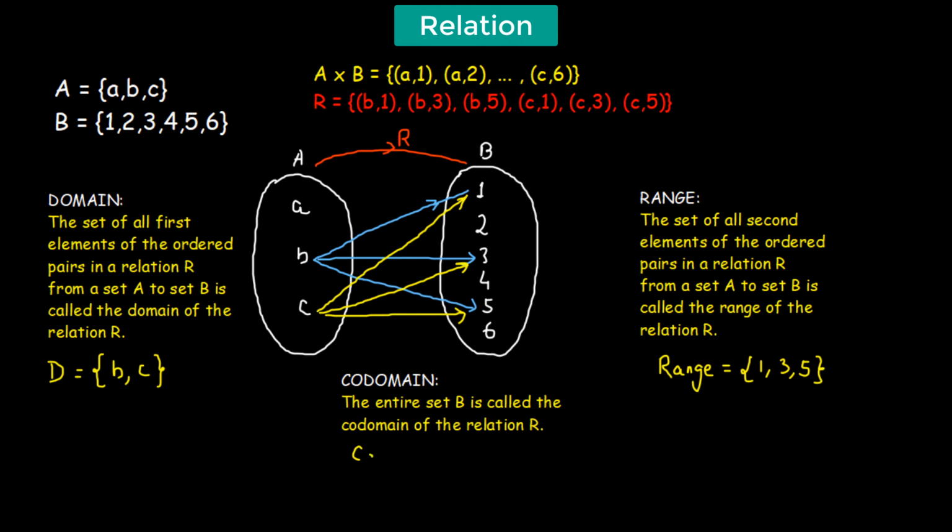So the codomain will be the set containing the elements 1, 2, 3, 4, 5 and 6, or simply the set B. So clearly we can see there is a relationship between the range and the codomain. Here we can say that the range of our relation is a subset of the codomain.